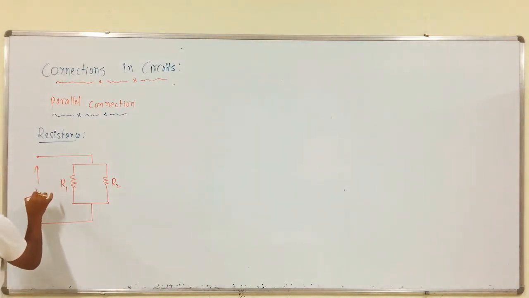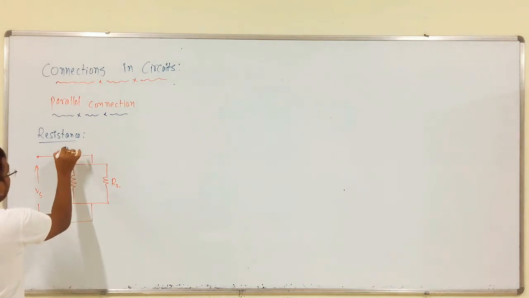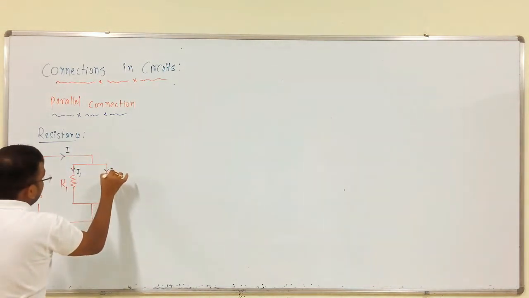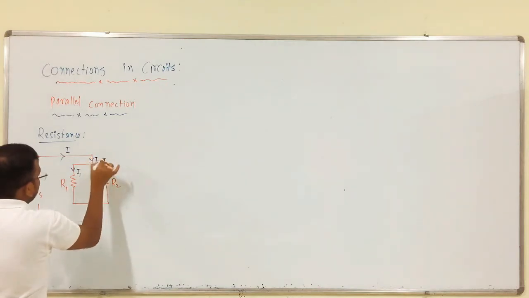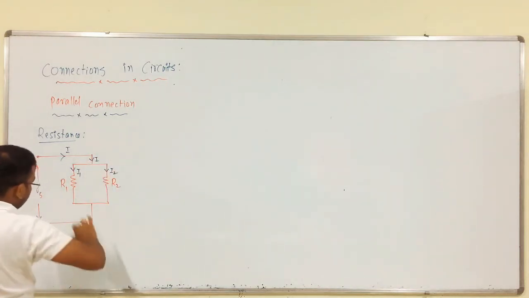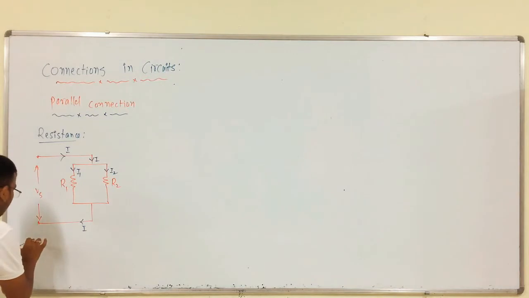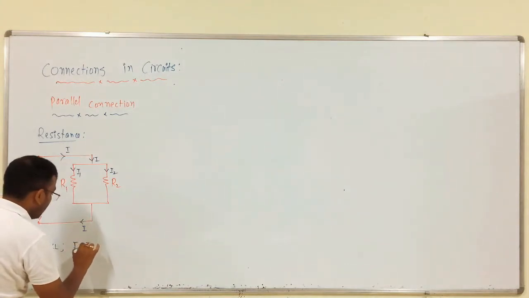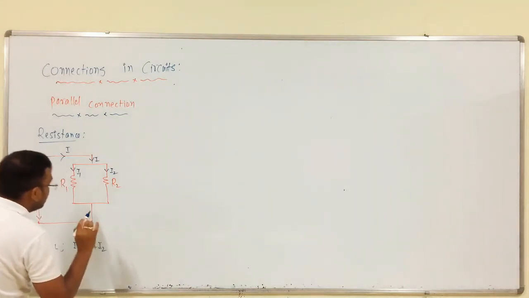Across this we have the supply voltage. Because of the supply voltage there is a current, this is I1, this is I2, this is I, and again this is I, KCL satisfied. Therefore, by KCL, we all know this concept, I is equal to I1 plus I2.